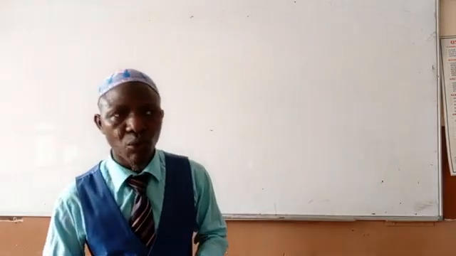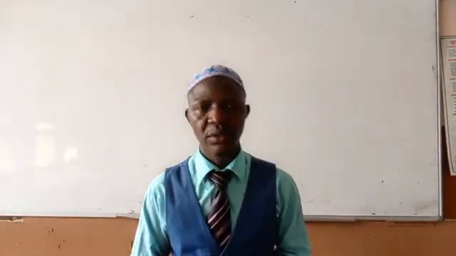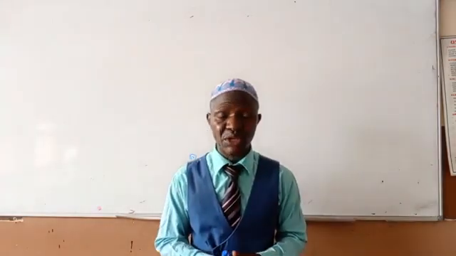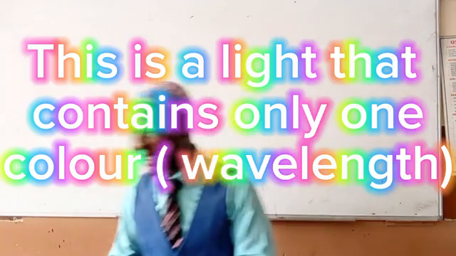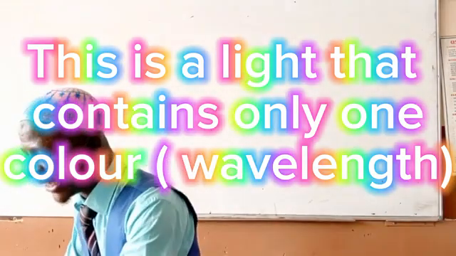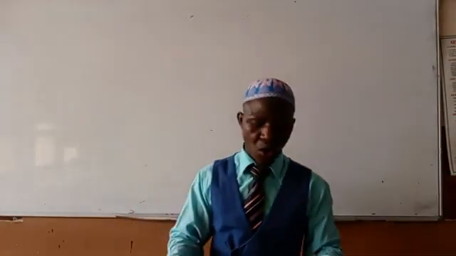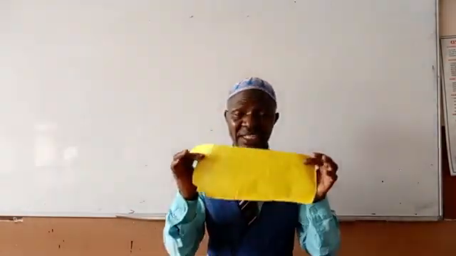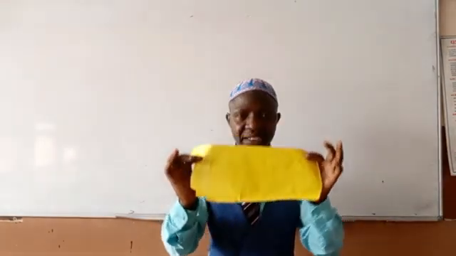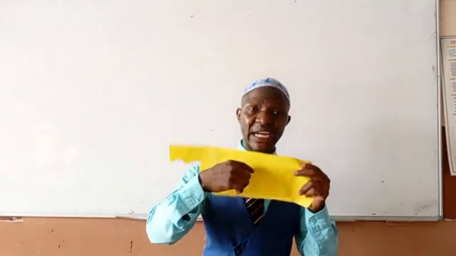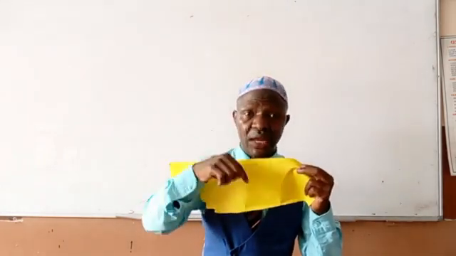Now, what of monochromatic light? Good. When we say monochromatic light, it means the light that contains only one color. So in that case, let's say the color of that monochromatic light is yellow. If you place this yellow object under it, you will see it, because this object is ready to reflect only yellow color.